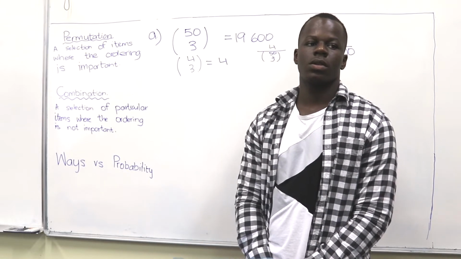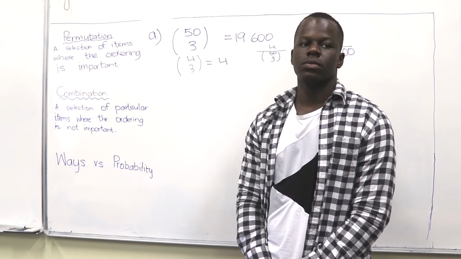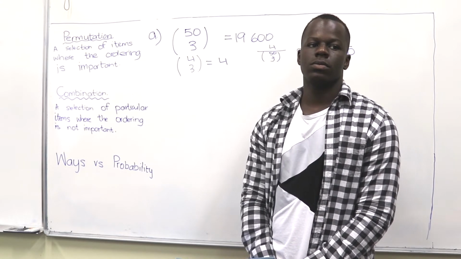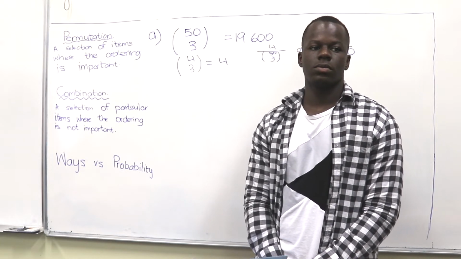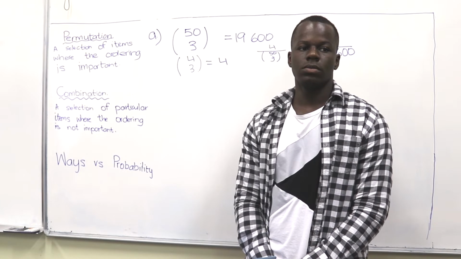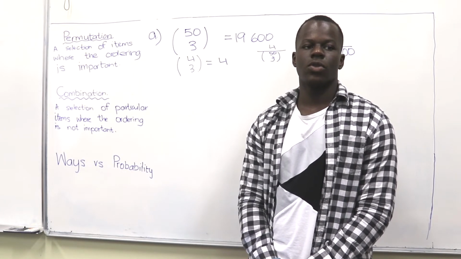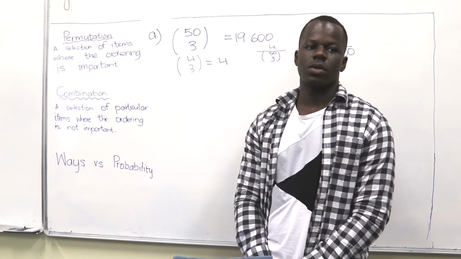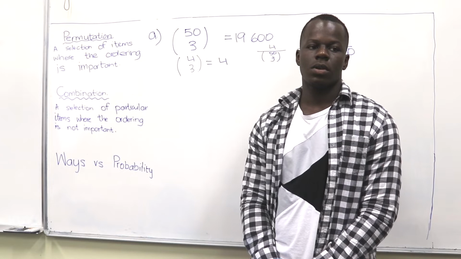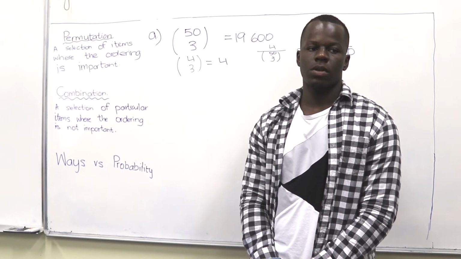We want the 3 organizers to win, and we're not interested in who's going to get first prize, second prize, or third prize. Then it's a combination. But if, in the running example, the positions in which people are winning are important, then it moves from being a combination to being a permutation. So we just have to be careful there. Yes, there are 3 winners in the running, and if we're just interested in 3 people winning, then it's fine.